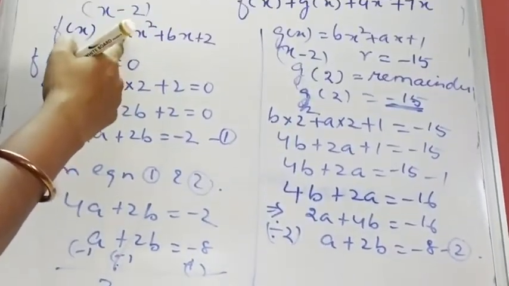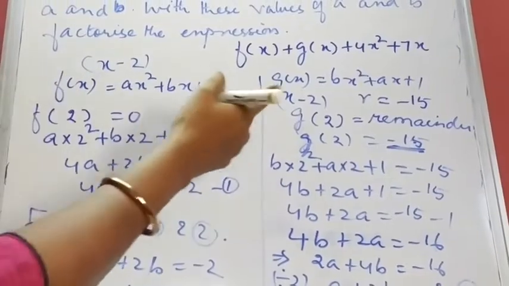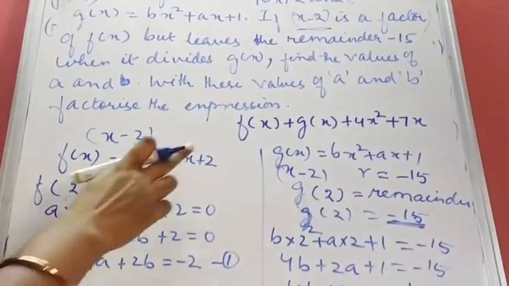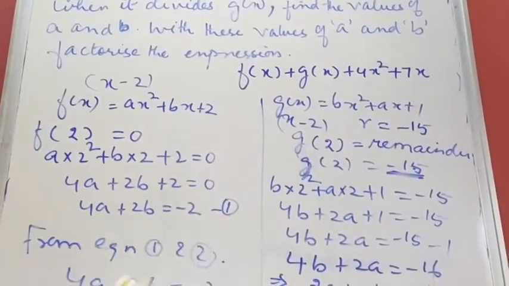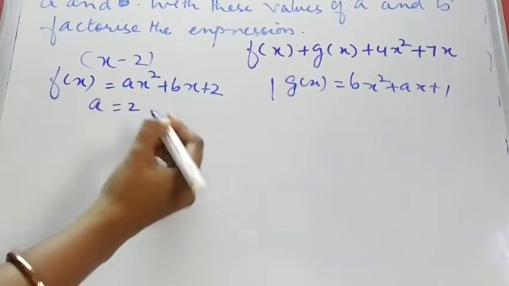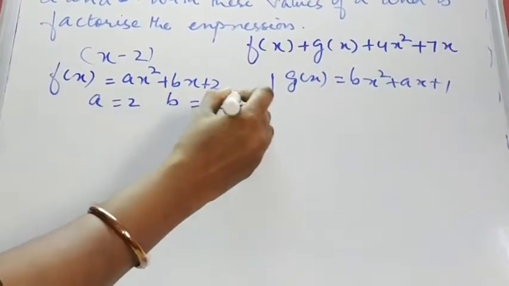So whatever values we have got, a as 2 and b as minus 5, we are putting into the places of a and b in both the polynomials that have been given. And after that, we are going to factorize it. So from the above solution, we have got a is equal to 2 and b is equal to minus 5.